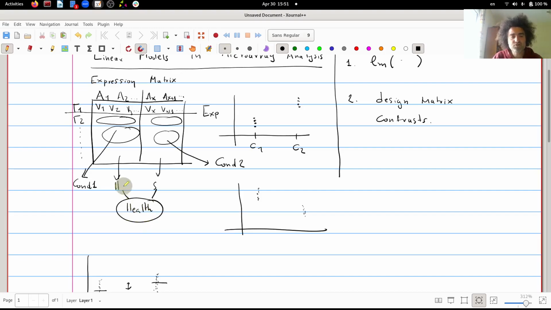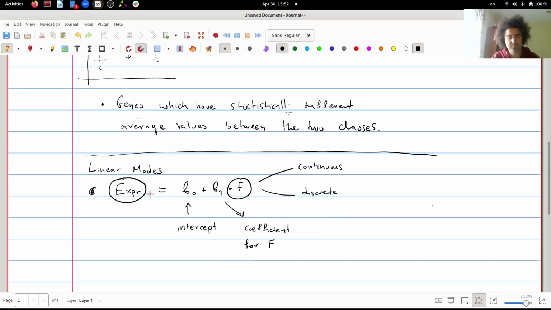And if we find genes that fit well this model, so fit our explanation of gene expression based on this condition, then these genes are those which have been affected by a person being either healthy or being sick.